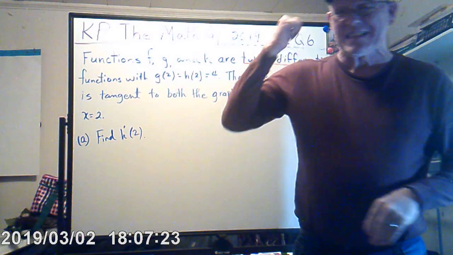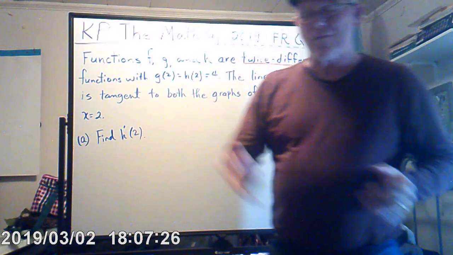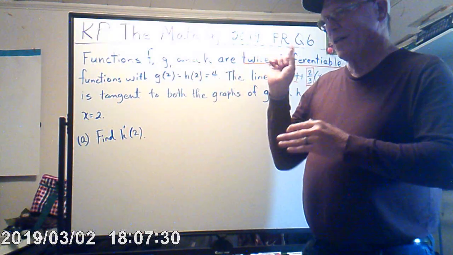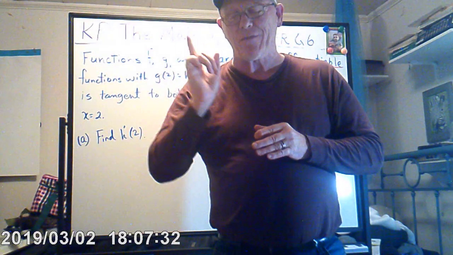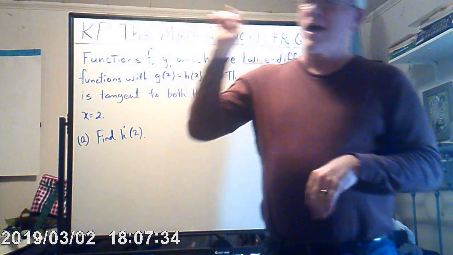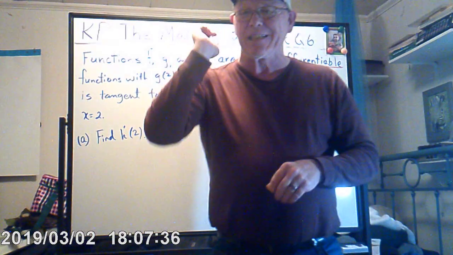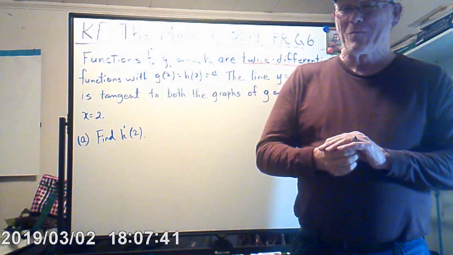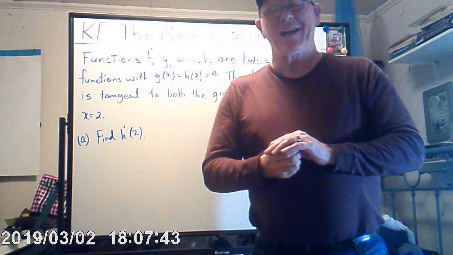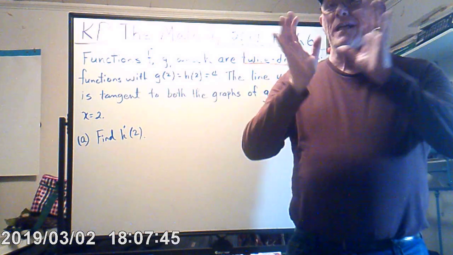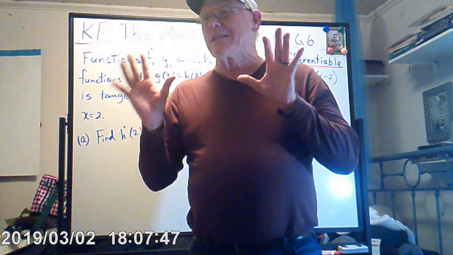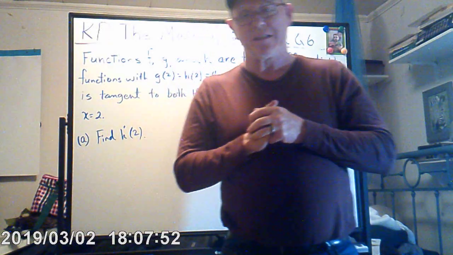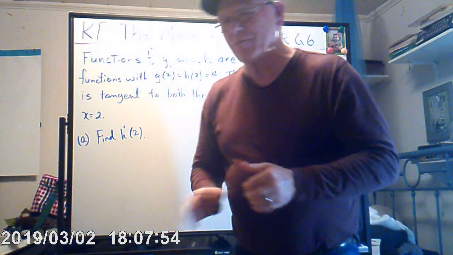Every function that is differentiable is also continuous. But not everything that is continuous is differentiable. So be aware of that as well. But every function that is differentiable is continuous. All right, keep that in mind.